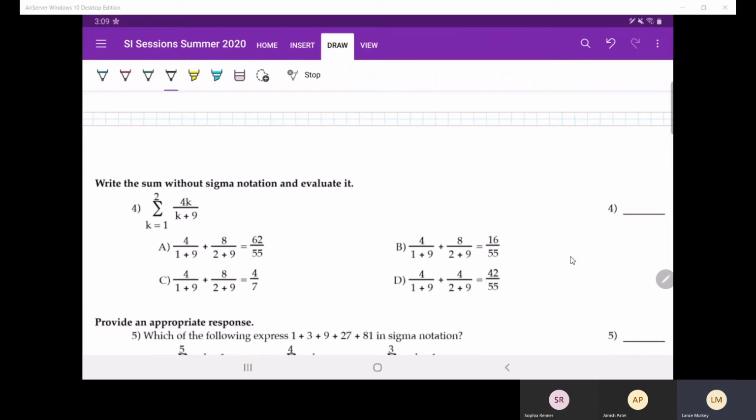Okay, sigma notation. So you start at 1 and you go to 2. So that equals 4 times 1 over 1 plus 9, plus 4 times 2 over 2 plus 9. I could pop that in my calculator too.